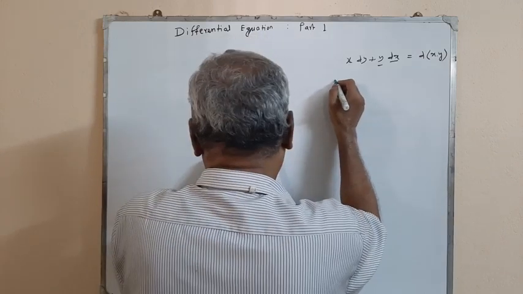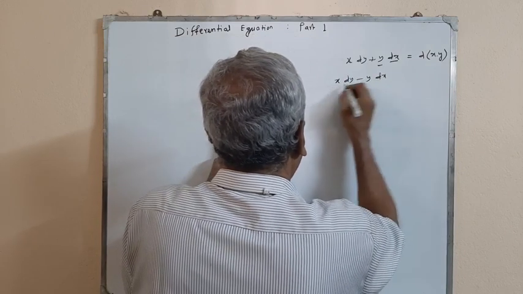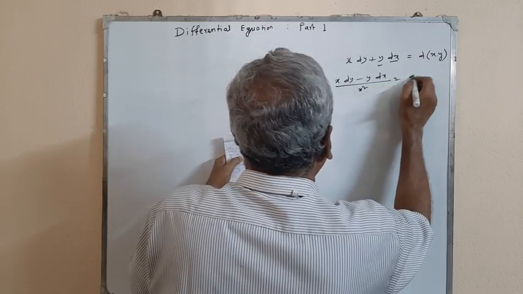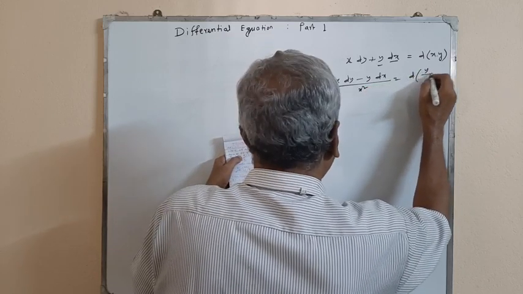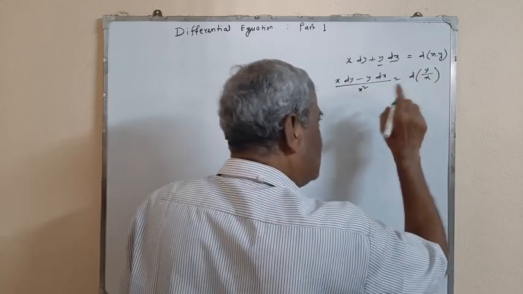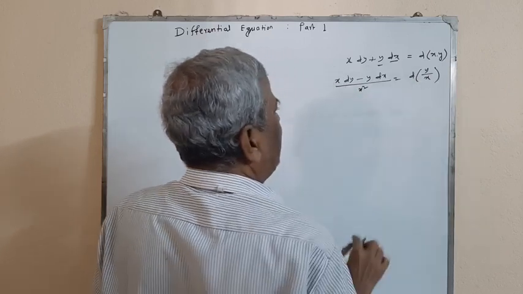Next one is (x dy minus y dx) by x squared is equal to d of (y by x). From the calculation of the derivative of that, we get this is equal to that.